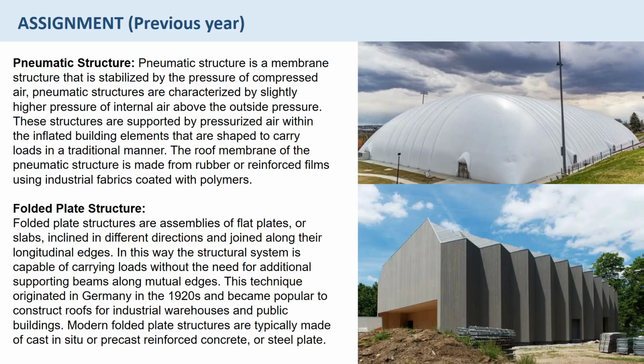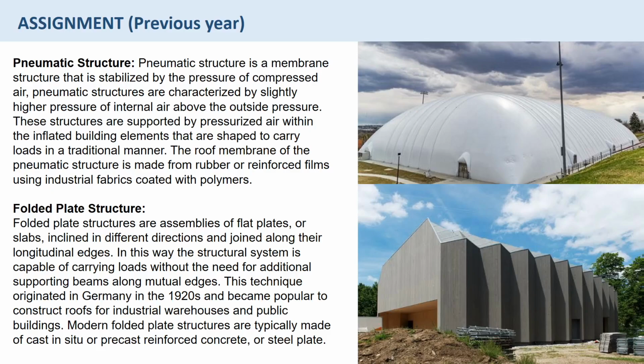This technique originated in Germany in the 1920s and became popular for constructing roofs for industrial warehouses and public buildings. Modern folded plate structures are typically made of cast in situ or precast reinforced concrete or steel plate. They are used to make roofs, walls or staircases. All these types of structures can be made using folded plate structure.